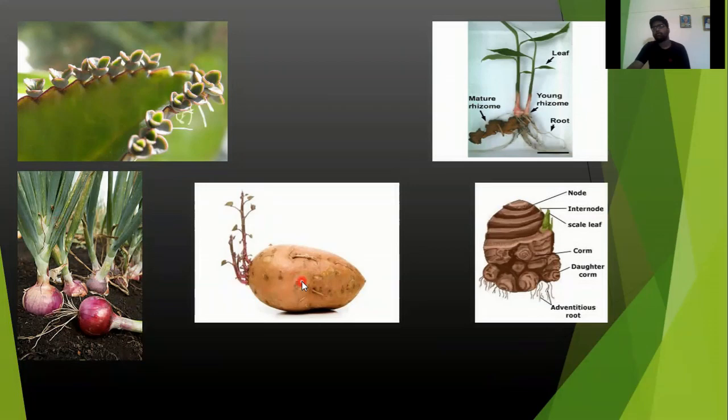In the case of potato, these potato eyes will also produce new plants. And in the case of corm, of colocasia, you can see different plantlets produced here. So these are basically the types of vegetative propagation in plants.